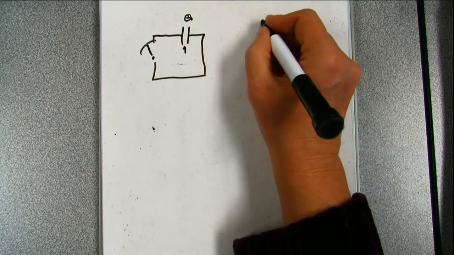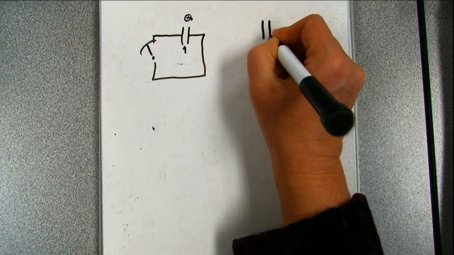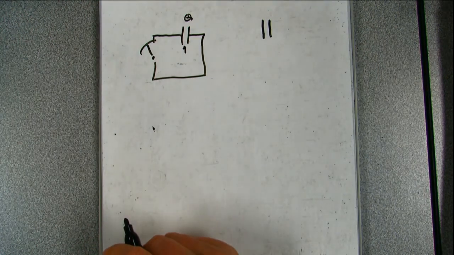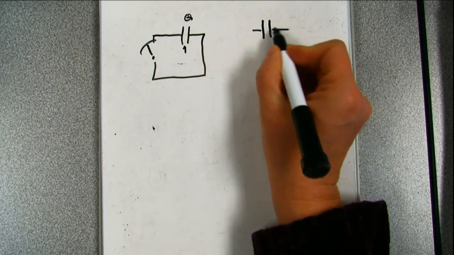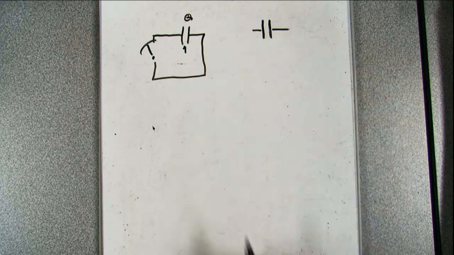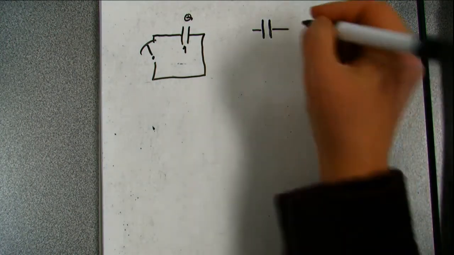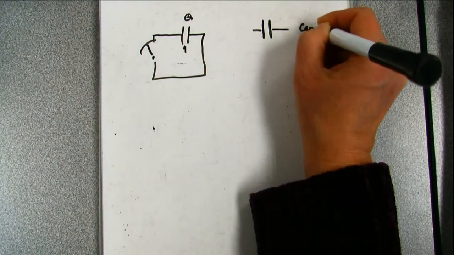So when we're dealing with a capacitor, capacitors are going to be like this in a circuit. I'm going to take a little bit of a stop here and do the symbology of things that we're going to look at. So this is going to be a capacitor.